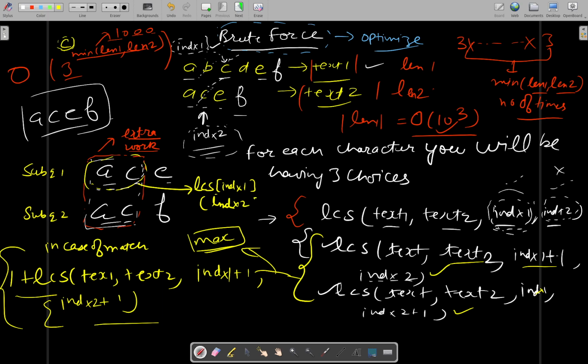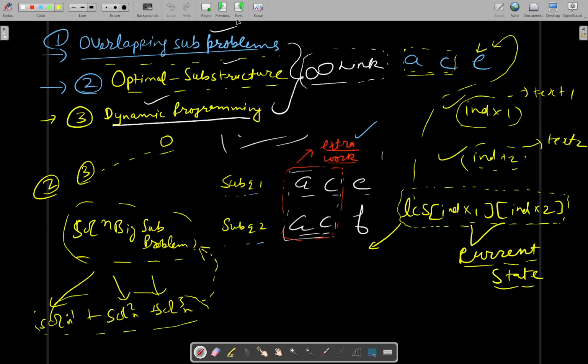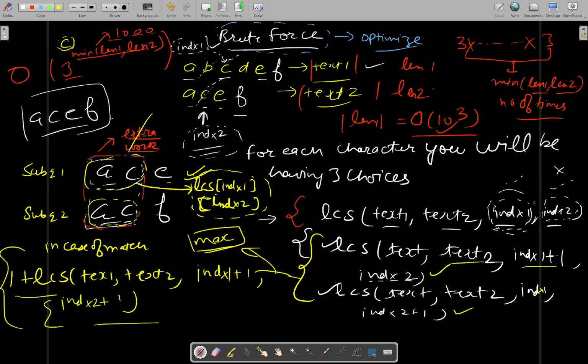So in this particular data structure, let's say we stored the result. Then whenever this particular subproblem or state occurs again, instead of doing recalculations, we will use the stored result. So we will be avoiding extra work, and this extra work will be eliminated.